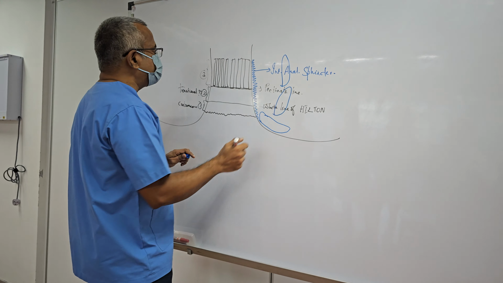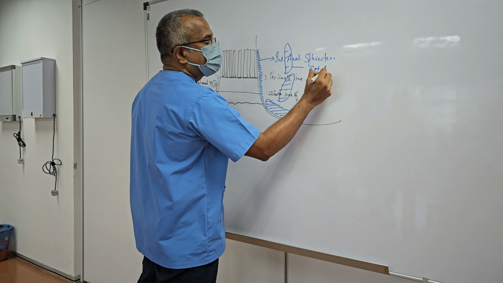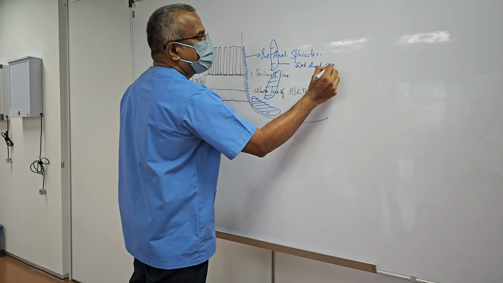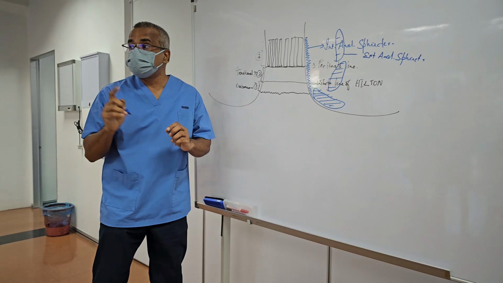This block of skeletal muscle, placed laterally, is what is called the external anal sphincter. Guys, do you understand? So, external anal sphincters, three segments. This one is just below the skin, so it is called the superficial external anal sphincter.